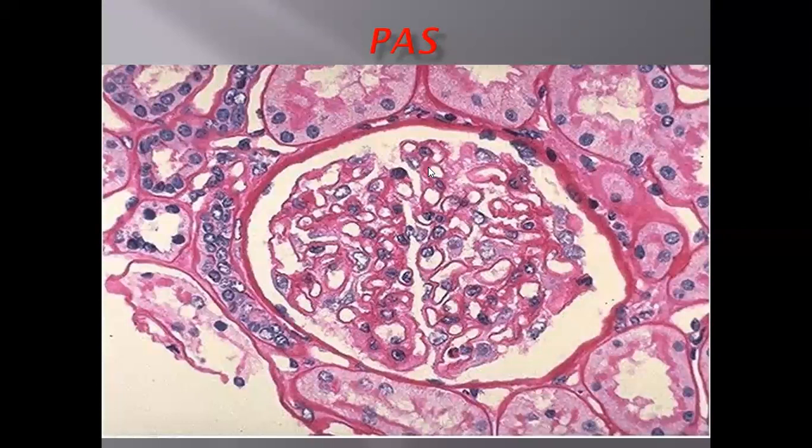And the PAS has a magenta color on these capillary membranes. When we discuss some abnormalities or any infectious or other chronic diseases affecting the kidney, we will highlight those stains much more clearly.